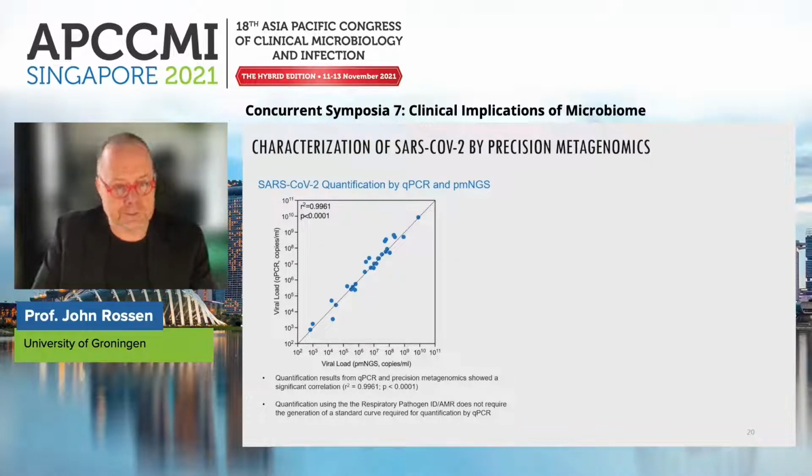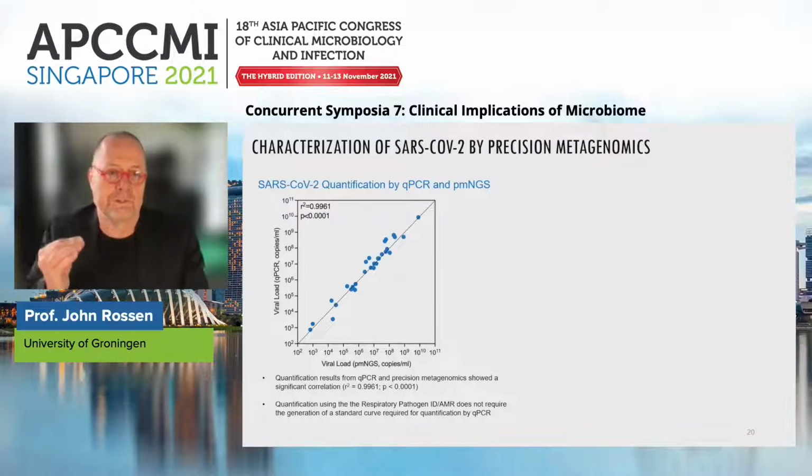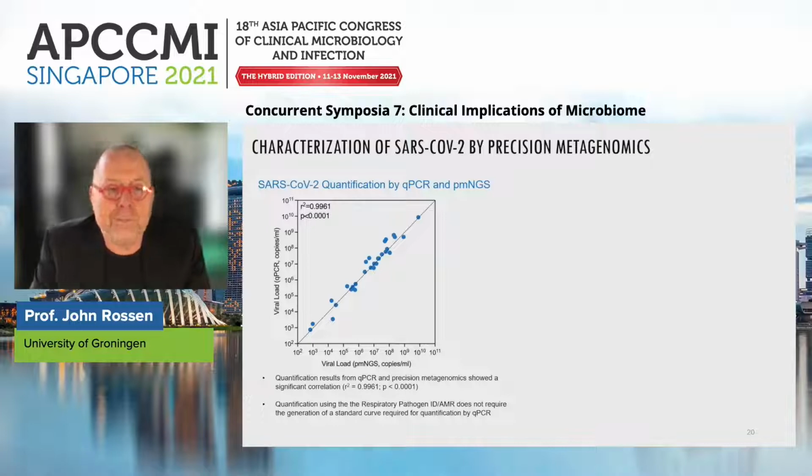And there is a huge correlation between the viral load detected by both methods. There is, however, an advantage of using precision metagenomics for quantification, because now we don't need to generate a standard curve all the time.